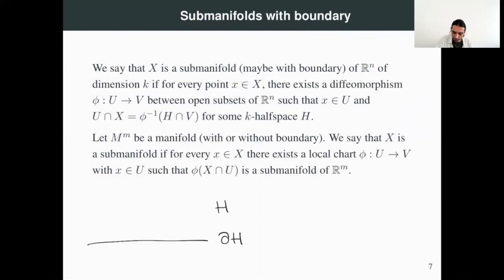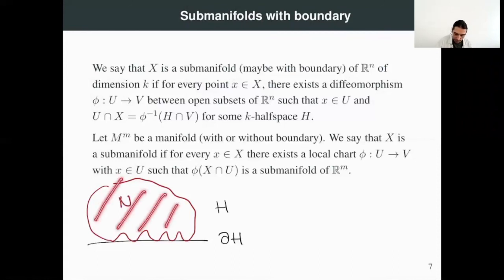But for instance, something like this is also a manifold with boundary. If you consider this set over here, it is topologically a closed disk, okay? But it is a manifold whose boundary is indeed this curve.